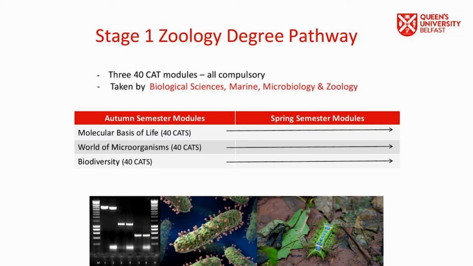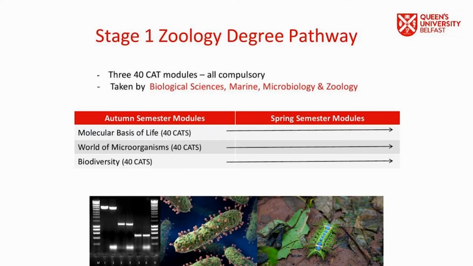The structure of the zoology degree itself. At stage 1, you will complete 3 40-CAT modules, namely Molecular Basis of Life, World of Microorganisms, Biodiversity. These are 40-CAT modules that run throughout the academic year, beginning in the autumn semester and are completed in the spring semester.